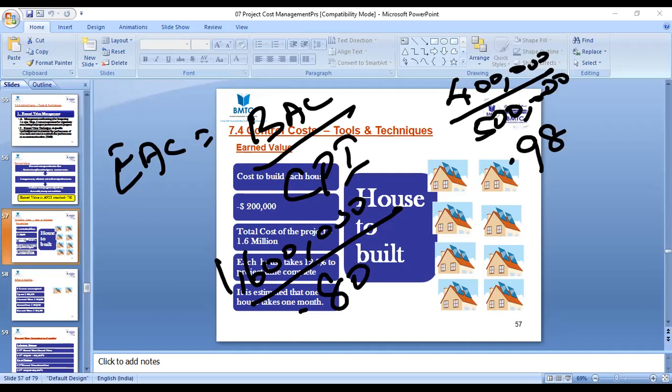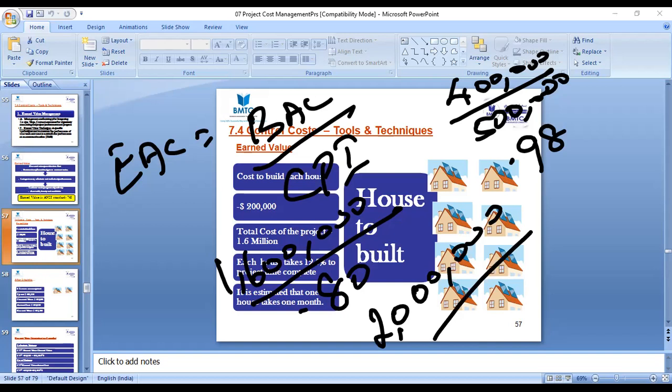So if you carry forward the remaining work with the current scenario, you end up with 2 million. Is it clear or not, guys? The second scenario for EAC, for your prediction, is how much in total we are going to spend once we complete all the work for the project. The scenario says whether it's a positive or negative performance, don't carry forward with the planned performance. Go with only the current performance.